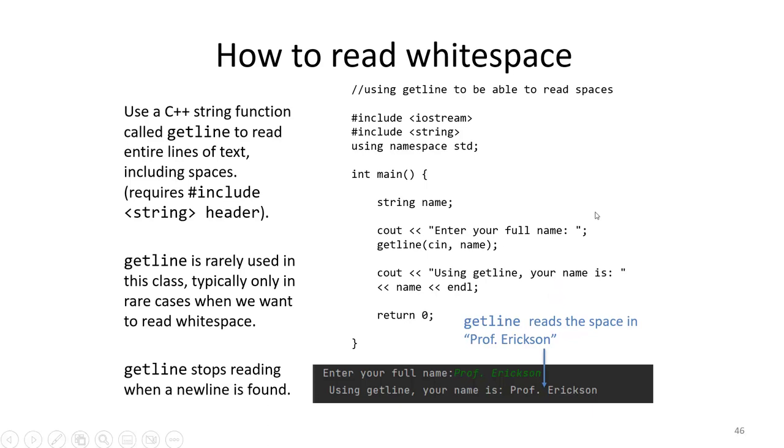One thing to be aware of is the C++ string package contains a function called getline. And getline can be used to read entire lines of text. You have to have include string here in order to use getline.